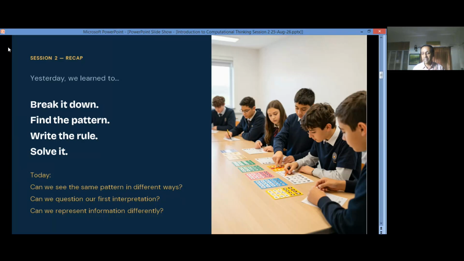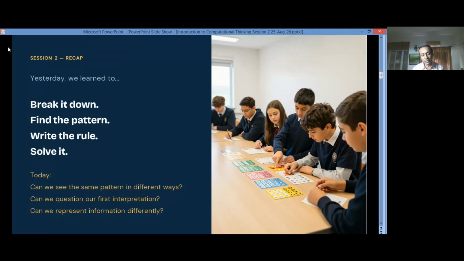It will be only one side of the problem. It would be only one view of how to solve the problem. There are many sides to a complex problem. So how do we question our initial interpretation, and can we come up with more than one interpretation and look for what is the best interpretation? Those are some things we need to develop, and we will discuss some of those things today.